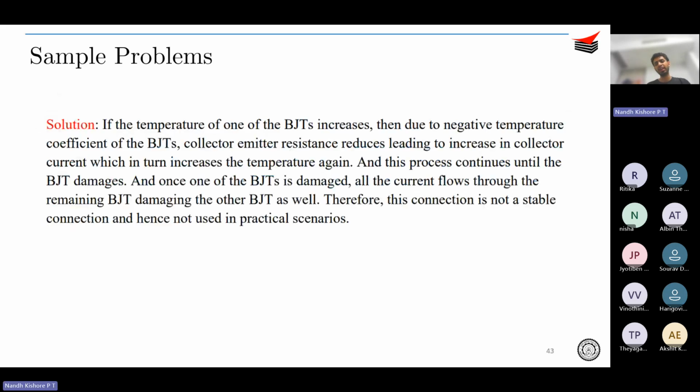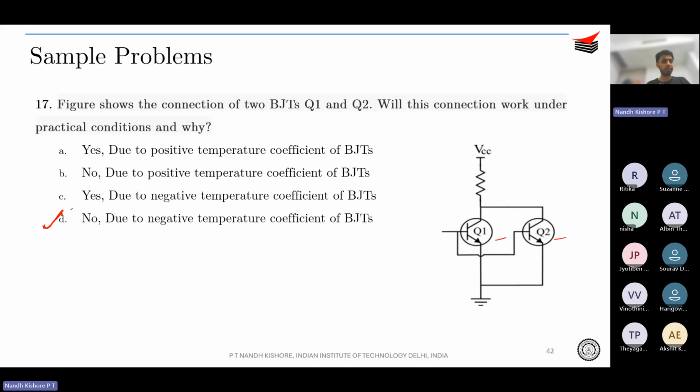One of the collector emitter resistances will reduce, therefore more current will flow through that. The resistance reduces even further, and more and more current will flow through one of the BJTs. It will get damaged, and hence the other one will also get damaged. So you just cannot parallel two BJTs.